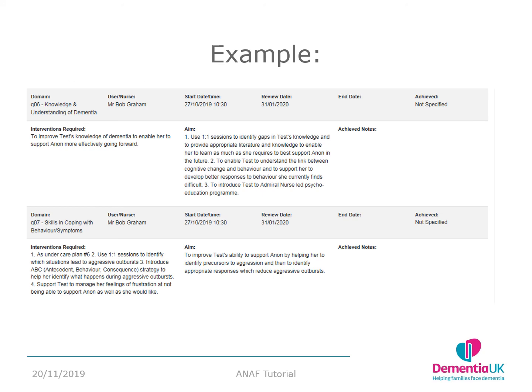In this particular example, if you look at the interventions on domain 6, that intervention is also relevant to domain 7, so I've recorded it under care plan 6. You'll also note that the start date for these two care plans is the 27th of the 10th at 10:30, which is an example of how it falls between the times of 10 and 11.